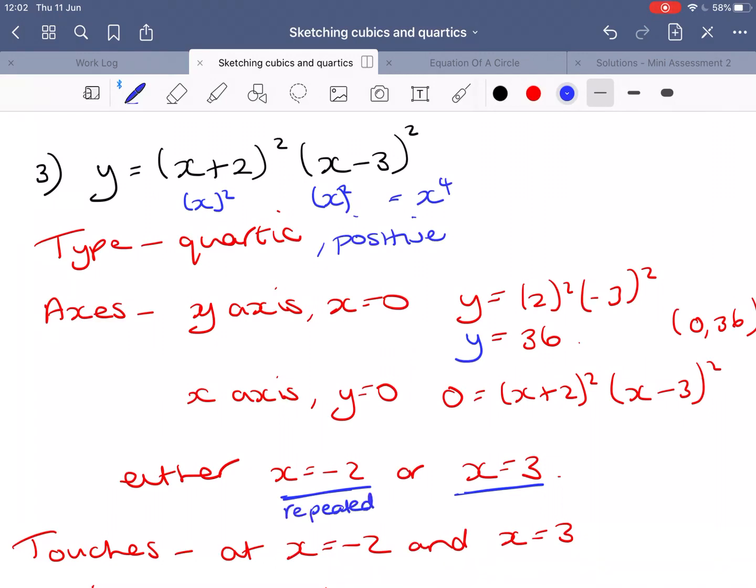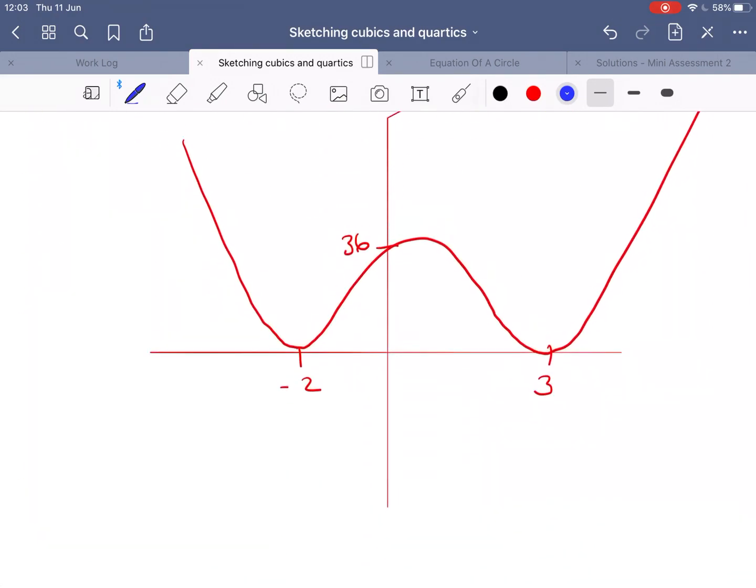I didn't write this out like I did with the example, but both of them are repeated because I've got x equals minus 2 and x equals minus 2, x equals 3 and x equals 3. So I've actually got two touches in this one. Now, remember what a positive quartic looks like. It looks like that. So if you imagine I've got two touches, it's effectively going to look like that. And that's exactly what it looks like at minus 2 and 3.